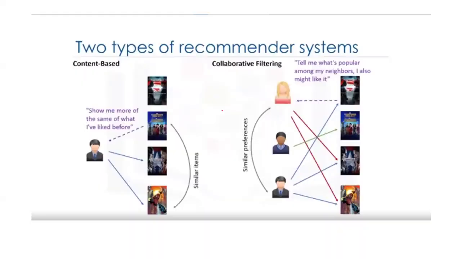One is content based. If we have to recommend to somebody, we will understand the attributes, as I mentioned, the preferences that particular person has related to any particular product. So that is known as content. What is the content of that particular item? If it is a movie, what is the content? Whether it is an action movie, a drama, a fiction, what is the genre of that particular movie?